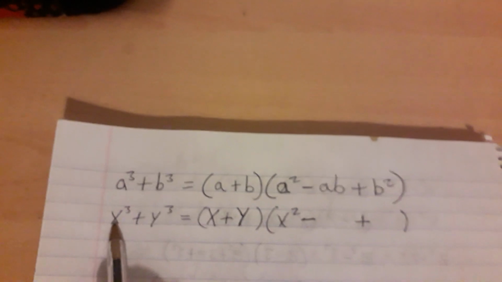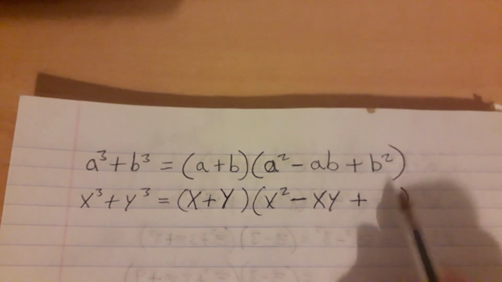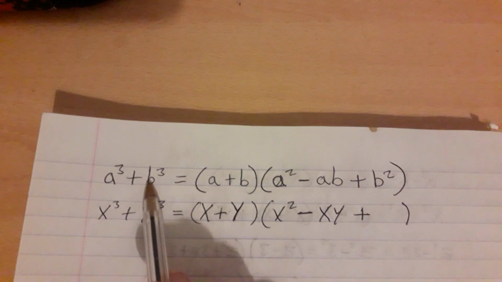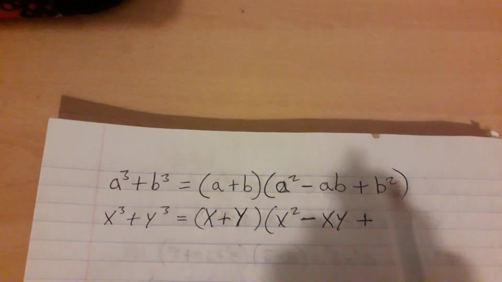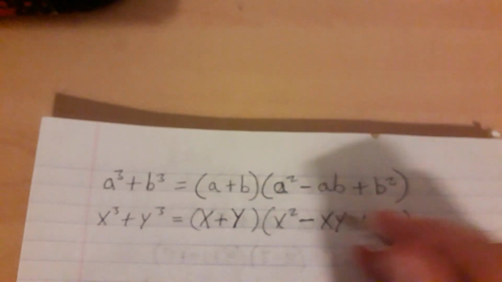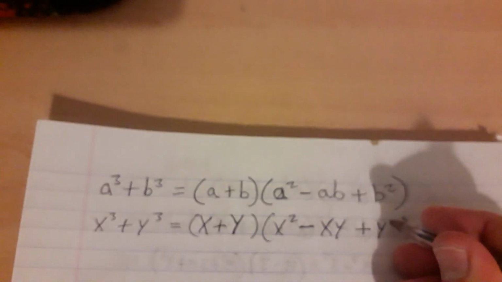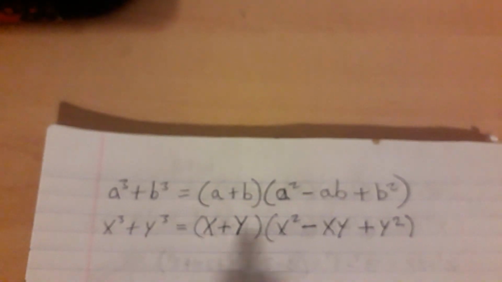So in this case, that would be xy without any cubes or squares. And the last item here then would be, if we look at our template, b squared. It's the second item in the original expression, but instead of having a cube on it, it's got a square on it. So in this case, our second item is y, but instead of a cube, we put a square. And that's how we use this template to do this sum.